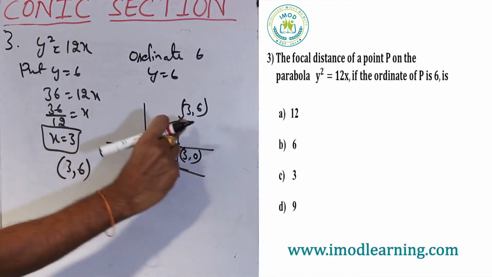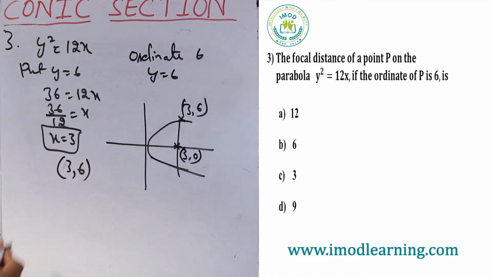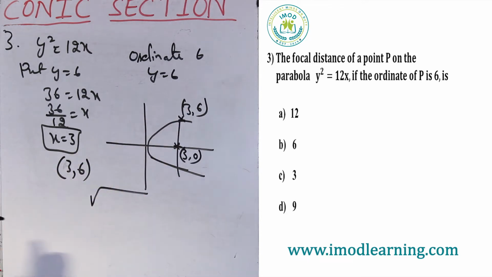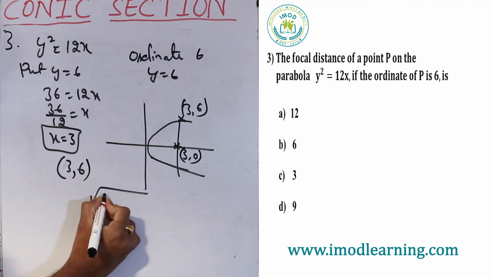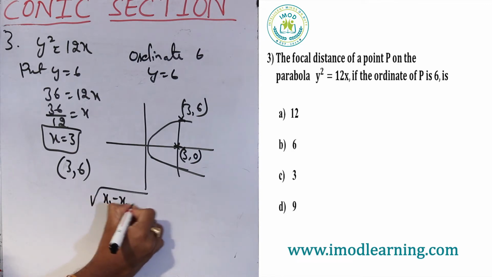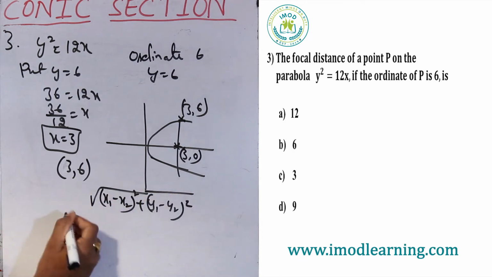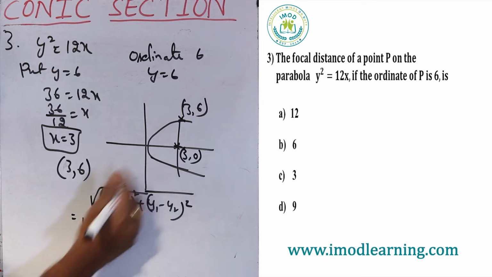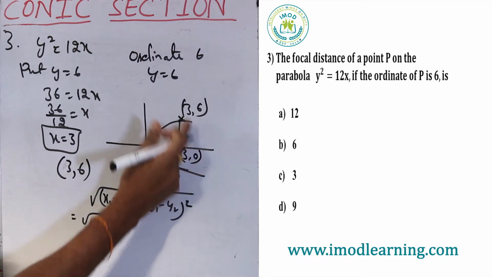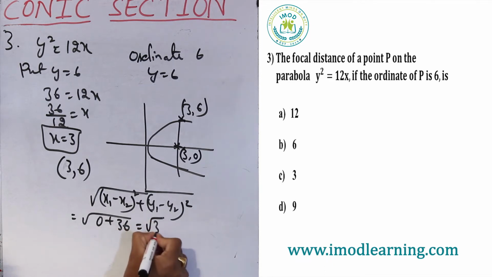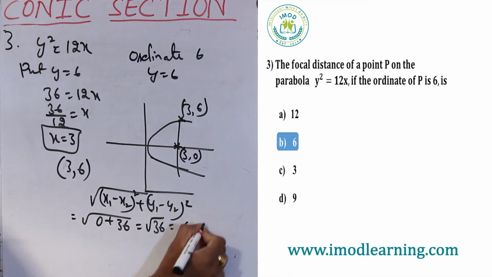I need the focal distance of these points using the distance formula: x1 minus x2 whole square plus y1 minus y2 whole square, or you can interchange x2 minus x1, nothing will happen. So which is equal to 3 minus 3 means 0, plus 0 minus 6 means 36, which is equal to square root of 36, which is equal to 6 units. So answer is B.